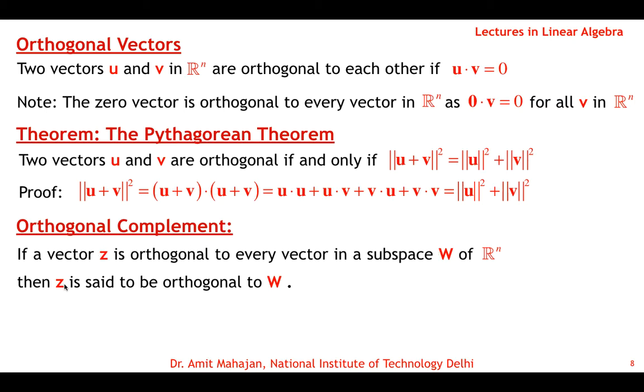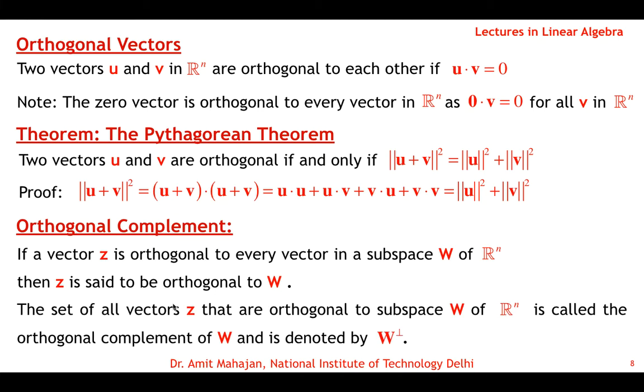Then z is said to be orthogonal to this whole subspace w. That means you take any vector x in w, then z dot x is 0.